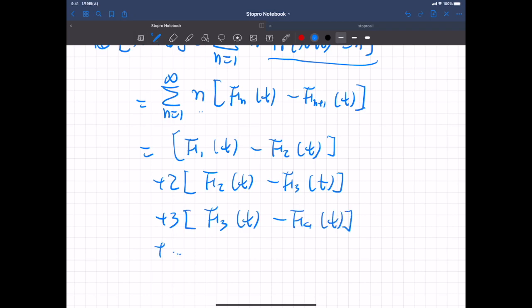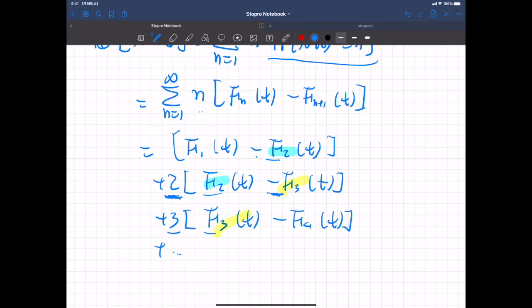Now we have F2 here, and we have F3 here and here. If you add these two F2 terms, negative 1 and positive 2, that will be positive 1. Here we have 2 times negative 1 is negative 2, and 3 times positive 1 is 3.